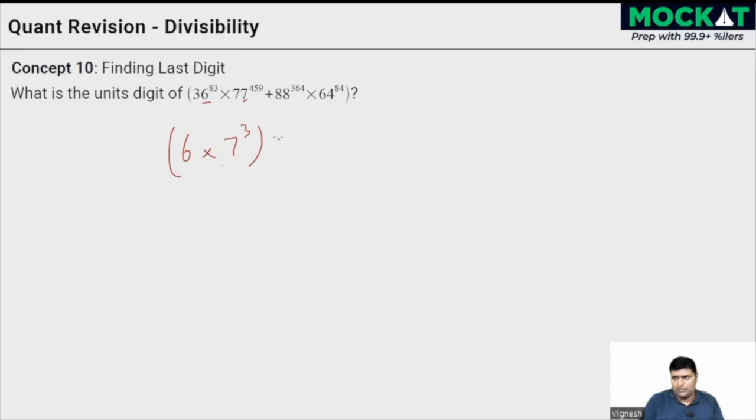And then plus 8 over here, I'm looking at only the last digit. 364 divided by 4, remainder is 0, but plus a 4. And the cyclicity of 4 is 2. So 4 to the power of 84 by 2, remainder is 0, plus a 2.